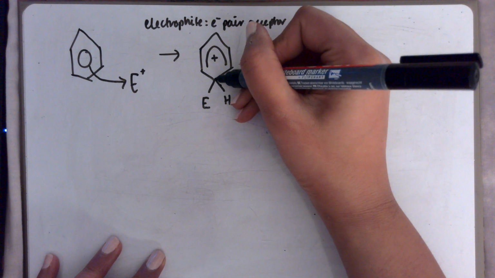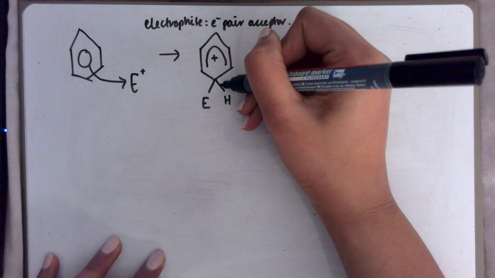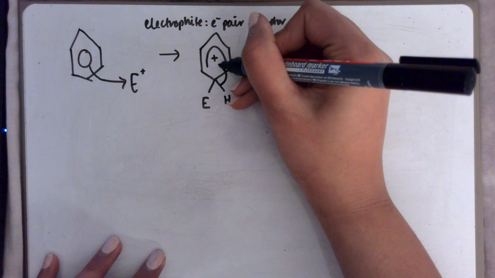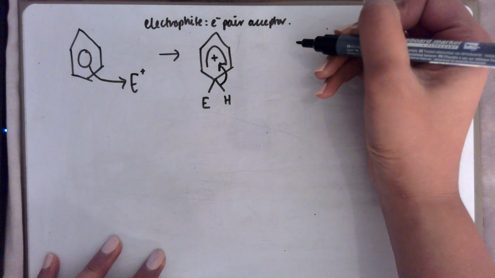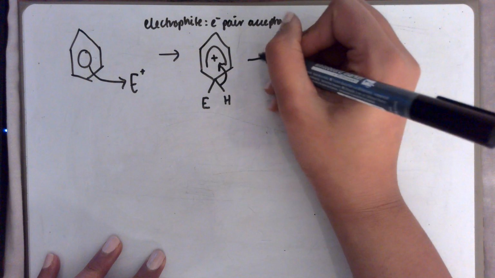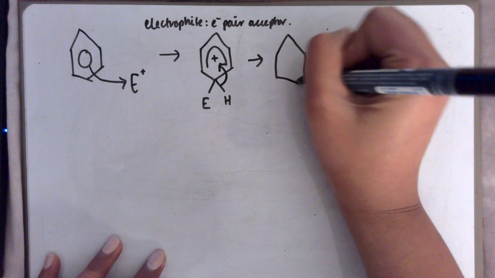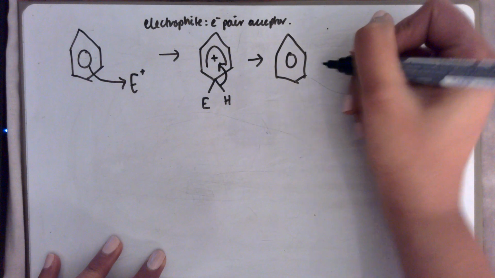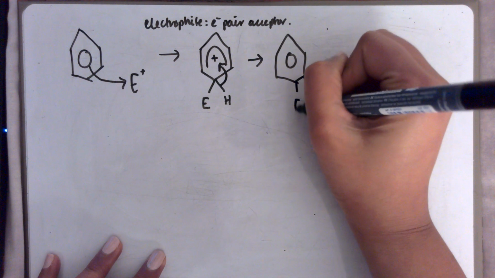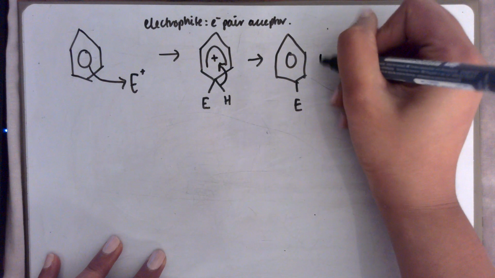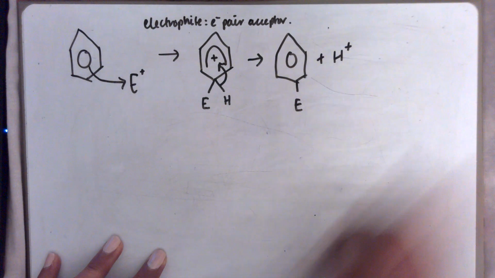So the electrons in the carbon to hydrogen bond, both of them move back into the ring. So now what we've done is reformed the ring of electrons and substituted an electrophile onto the ring.